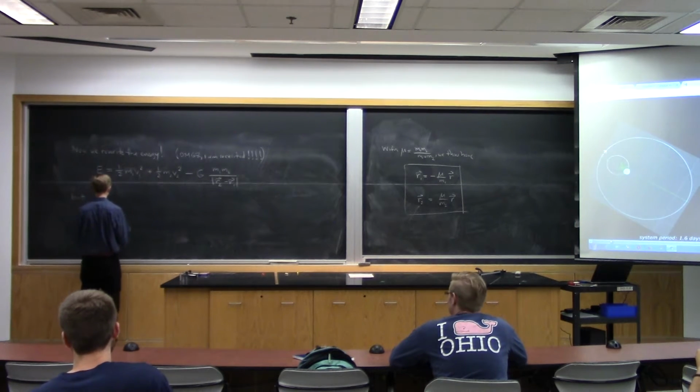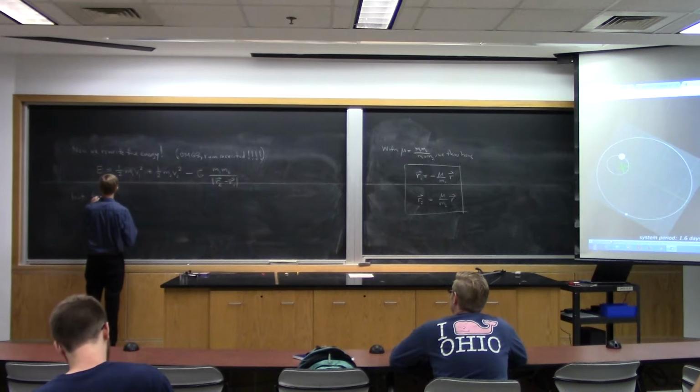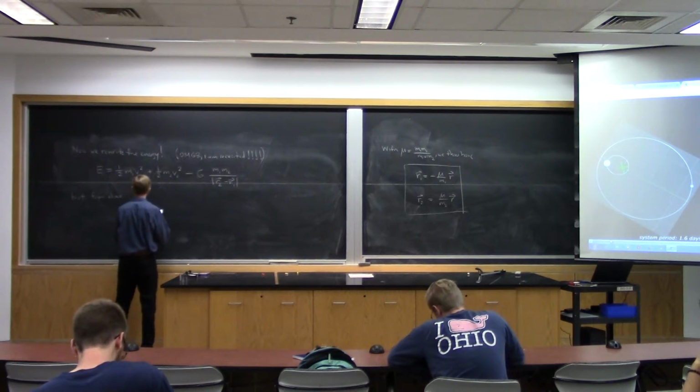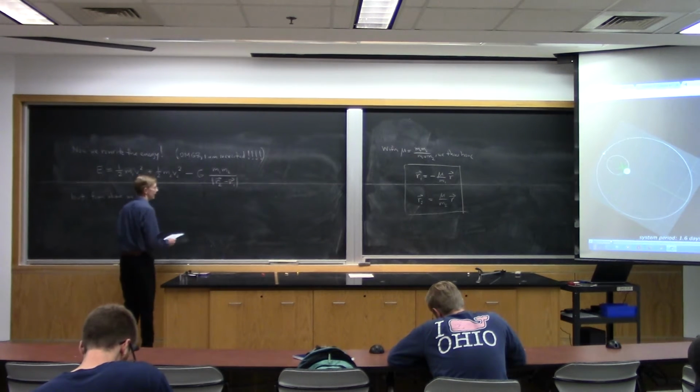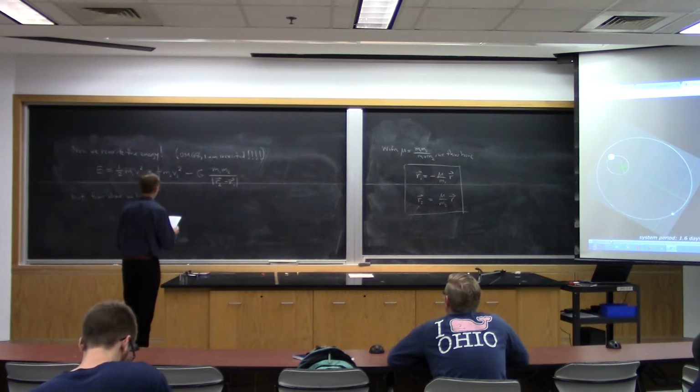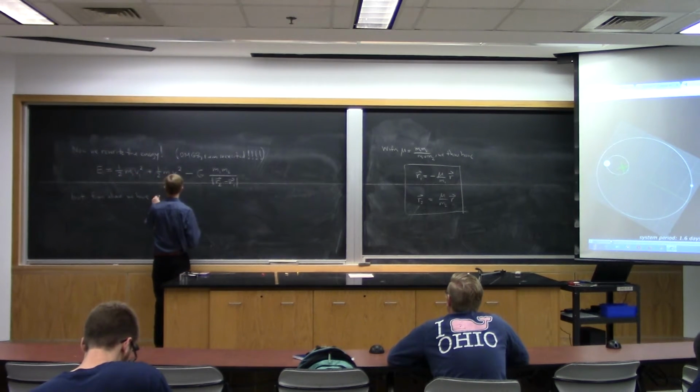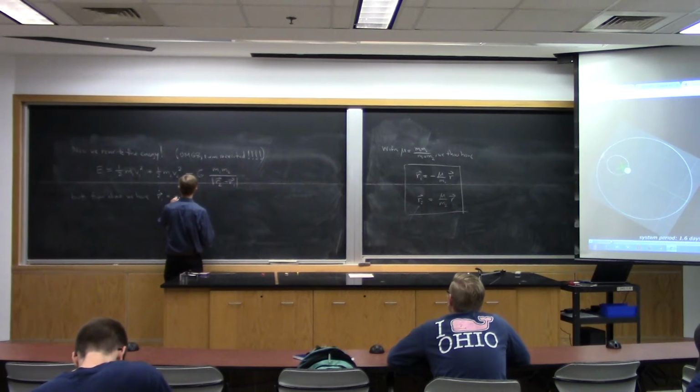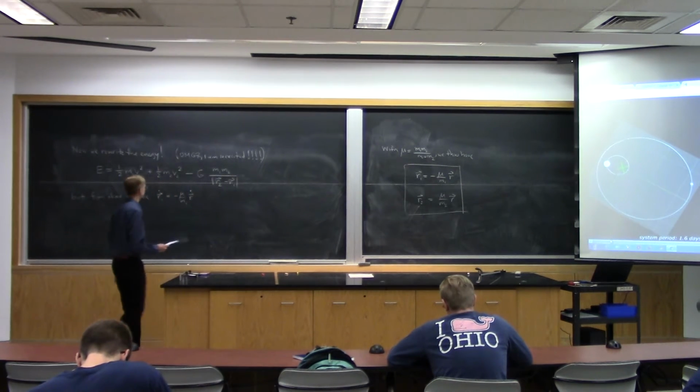But from above, if we look at our expression for R1 over there, take a dot. We have R1 dot is equal to minus mu over M1 times R dot.